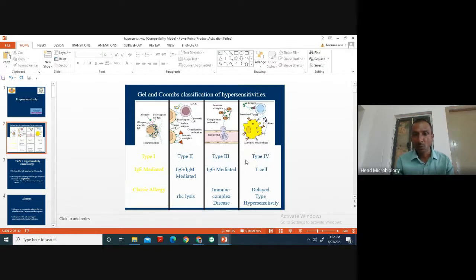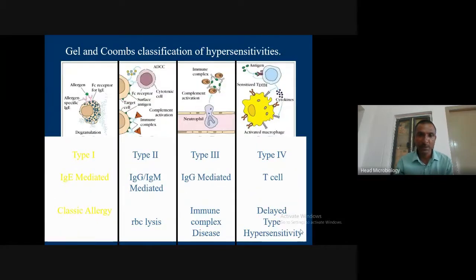Type 1 is antibody mediated hypersensitivity. Type 2 is also antibody mediated. Type 3 is also antibody mediated, but type 4 is a delayed type of hypersensitivity. Each immunoglobulin is mediated with each complex.